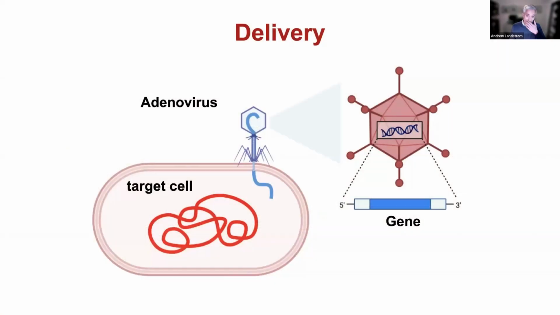One of the best ways that we know about is actually a virus. So viruses make their business by injecting their contents, usually it's DNA or RNA, into a cell. And so what if you took all the bad things out of that virus and loaded it with things that you wanted the virus to deliver, say, for example, a missing gene? One could then use a virus and deliver that gene product.